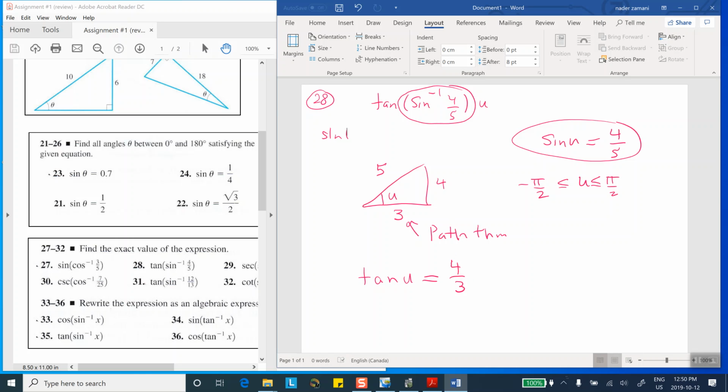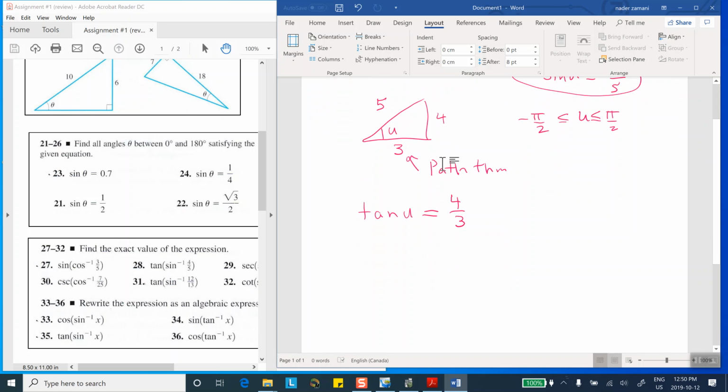Okay, this is fine. Let's do solution number two.